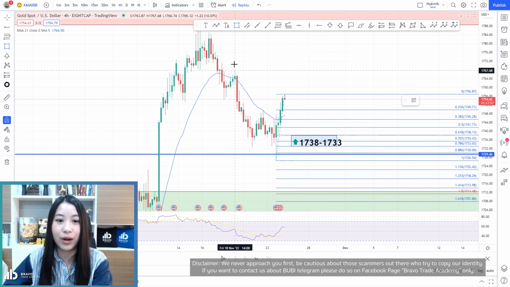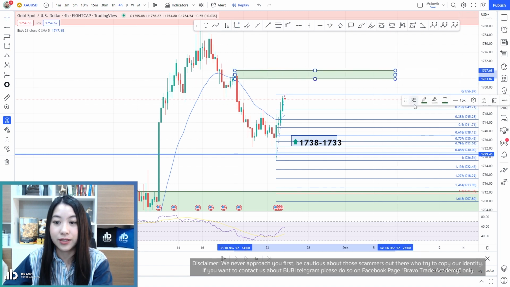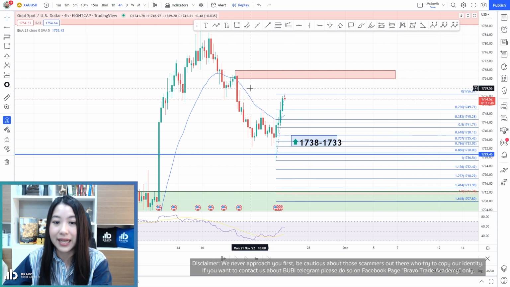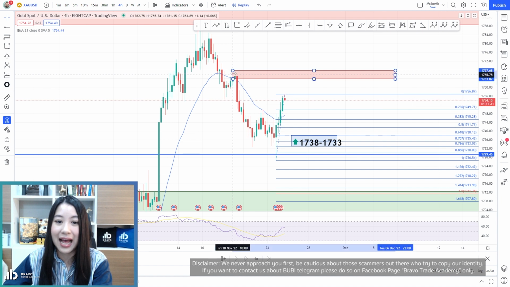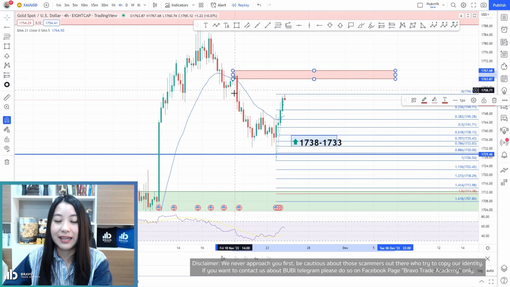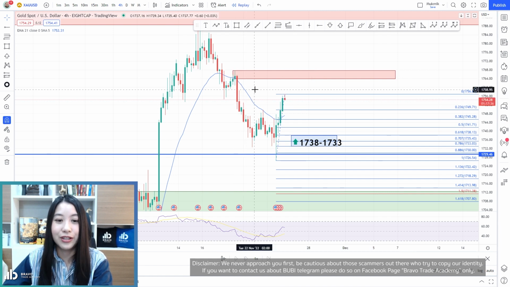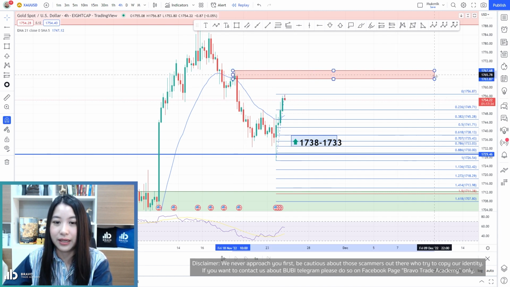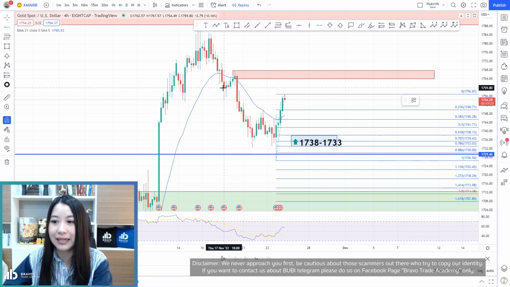That's the buying plan. What about the selling plan? So the selling plan, I would say that we do have this supply zone, and this supply zone is pretty strong as well. It hasn't been tested. It has such a big red candlestick, shoot out of the zone. So this zone is pretty strong. All right, and we do have our resistance as well at around this significant level.